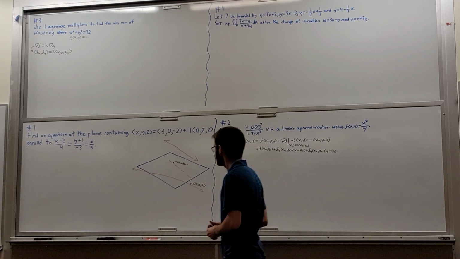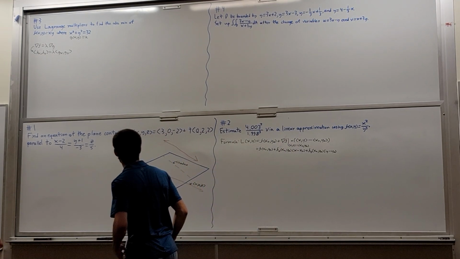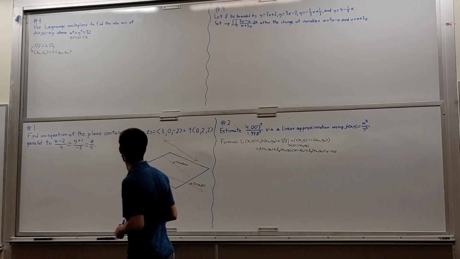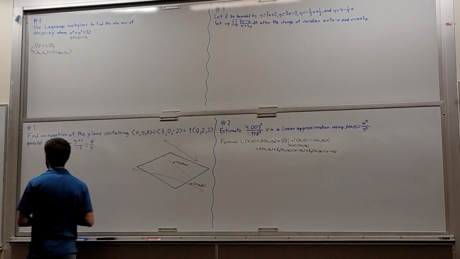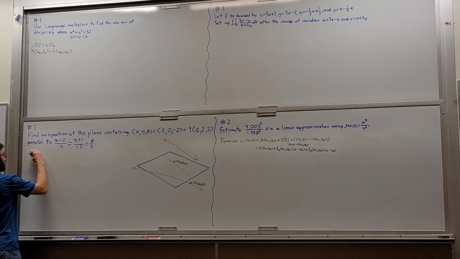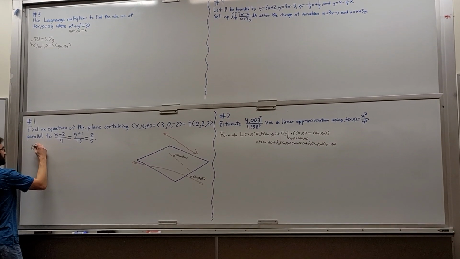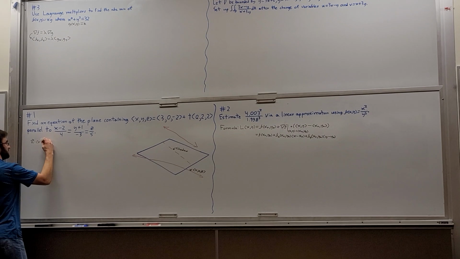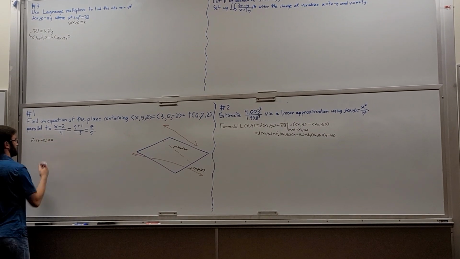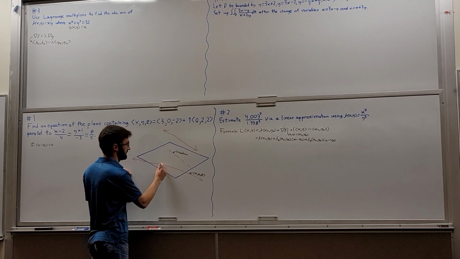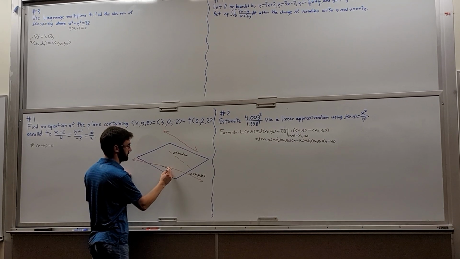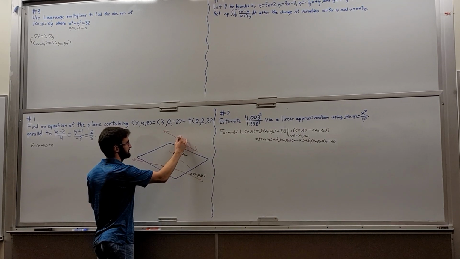So we need a plane that contains that and is parallel to that. To get the equation of a plane, we need a point on the plane as well as a normal vector for the plane. But we can get the normal vector pretty easily by just taking the directional vectors of each of these lines.